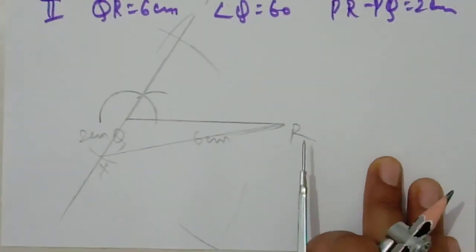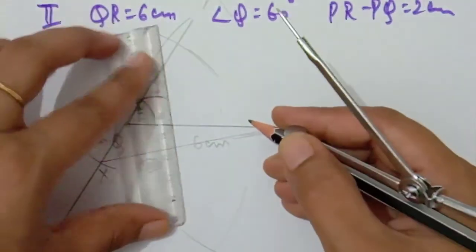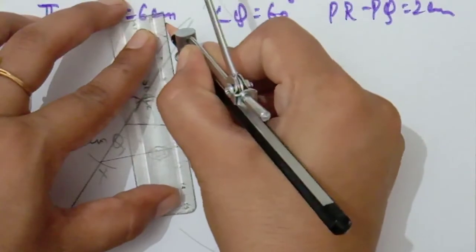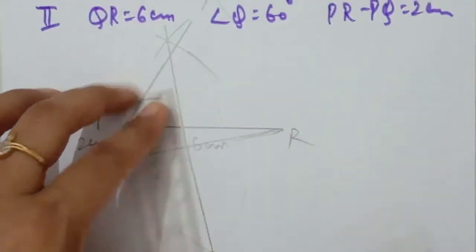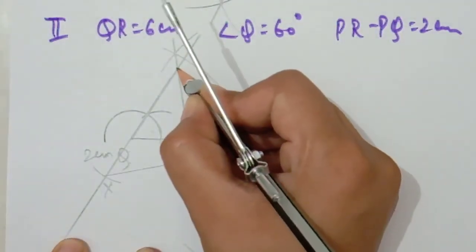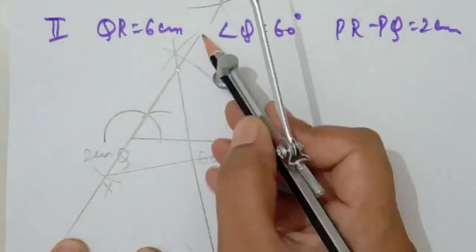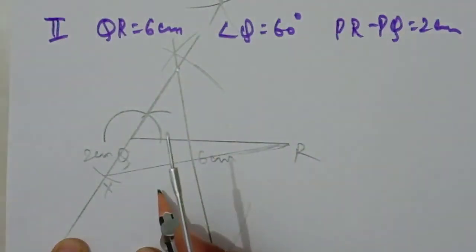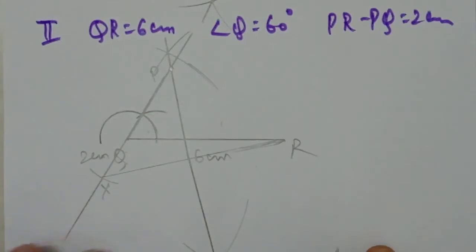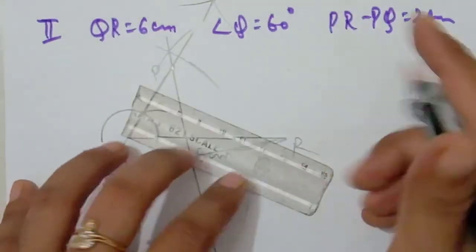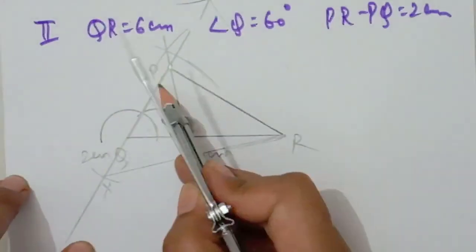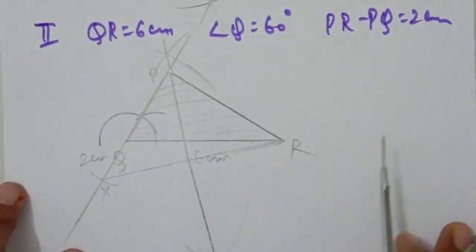And then we will join these 2 arcs. At which point does this bisector cut the angle line? It is our required third vertex of the triangle, P. For the required triangle, we will join PQ. Now this is our required triangle for the second type.